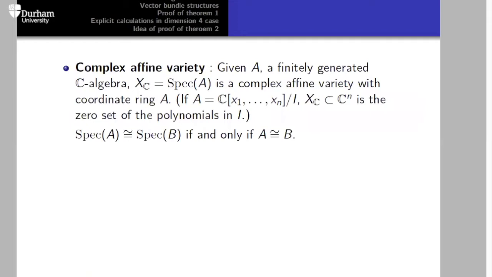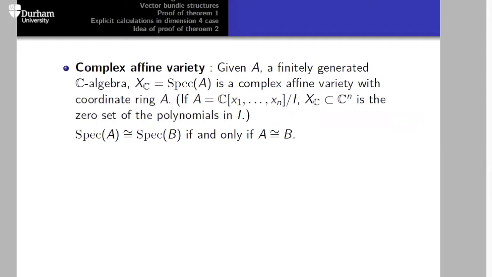The coordinate ring A is a finitely generated C algebra, and the complex affine variety is spec of A. And one can think essentially of the complex affine variety being the zero set of the polynomials in the ideal that define the relation of the generators of A. Okay, I'm cheating a little because, of course, there might be multiple points, but I'm not going to worry about that. It's essentially correct.